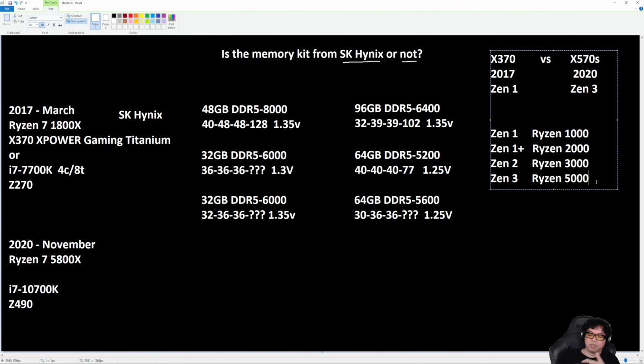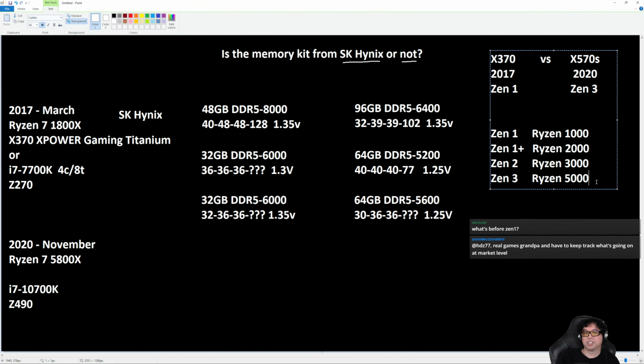Faster in gaming, faster in multi-thread, faster in single thread, basically faster in everything. Better energy efficiency than Intel. They used less electricity, generated less heat, won all the benchmarks in multi-thread, because Intel had a 10-core 20-thread, AMD had a 16-core 32-thread at the high end, so it's like no contest. So that is why Zen 3 is a big deal.